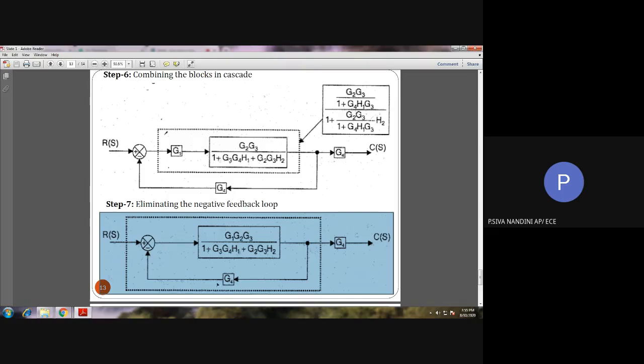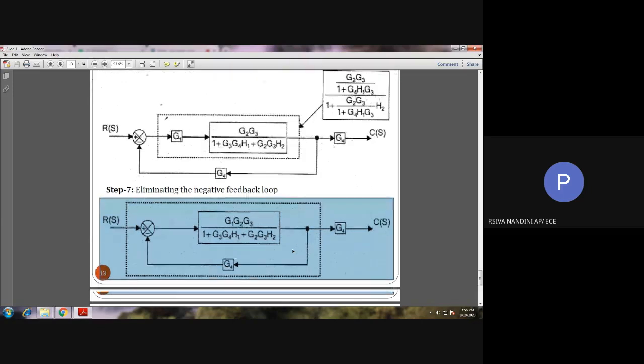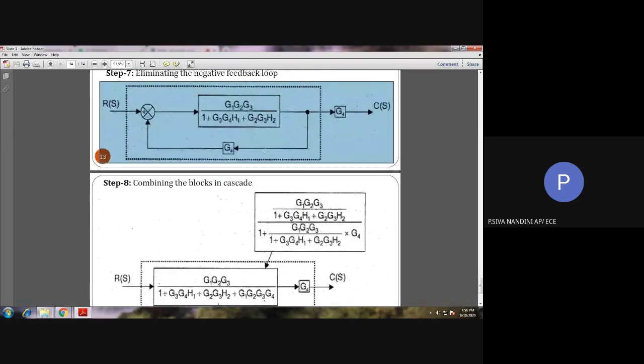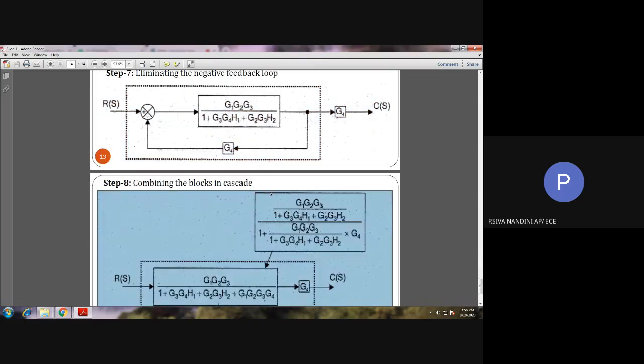This G4 is fed to the summing point with the negative sign. Okay. So we can again simplify this negative feedback loop. So what is the formula? G by 1 plus GH. So instead of G, we are having this value. Instead of H, we are having G4. By substituting in the reduction formula, we will be having an equation like this.